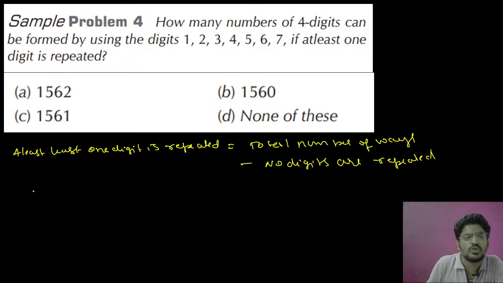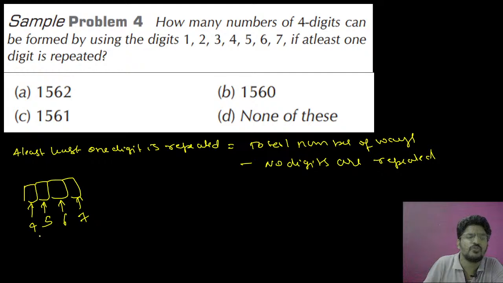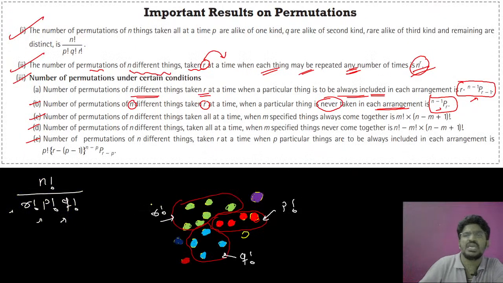You can just calculate the total number of ways. No digits are repeated means here you can take 7, here you can take 6, here you can take 5, here you can take 4. And the total number of ways will be 7 to the power of 4. You can just see here n to the power of r.